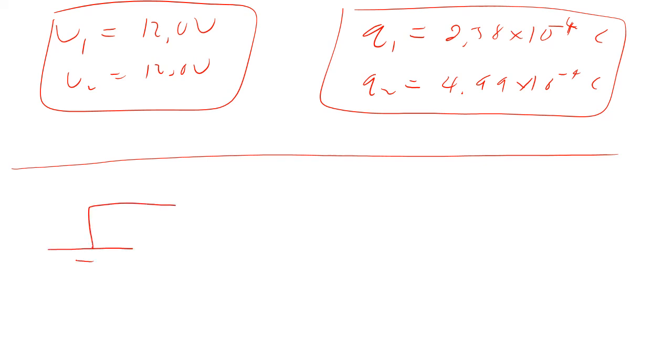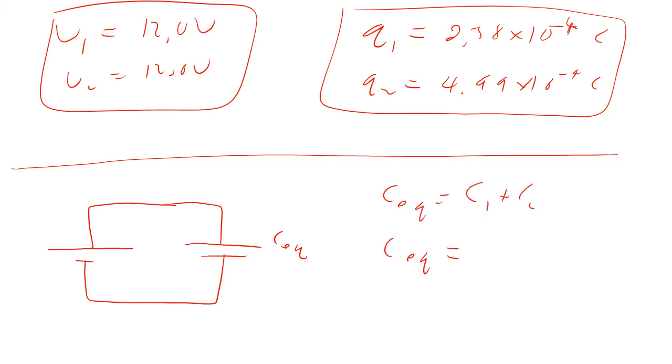that together, we have an equivalent capacitance there. So what's the equivalent capacitance going to be? That's going to be C1 plus C2. So the equivalent capacitance is going to be equal to 21.5 microfarads plus 41.6 microfarads, which is 63.1 microfarads.